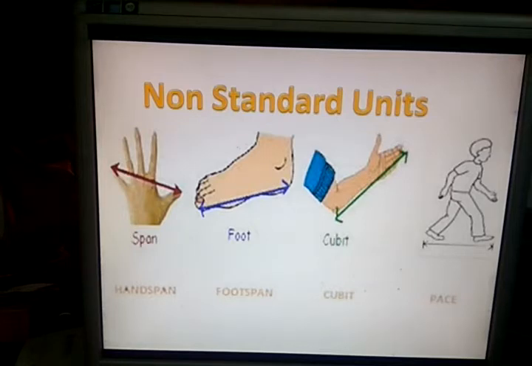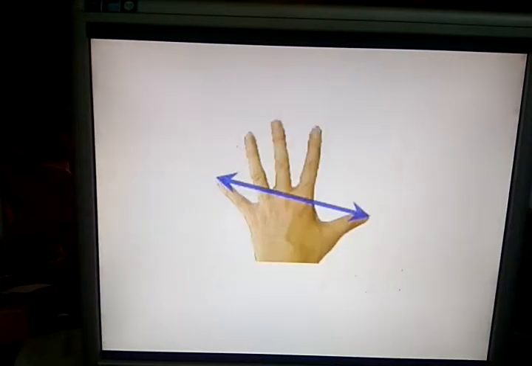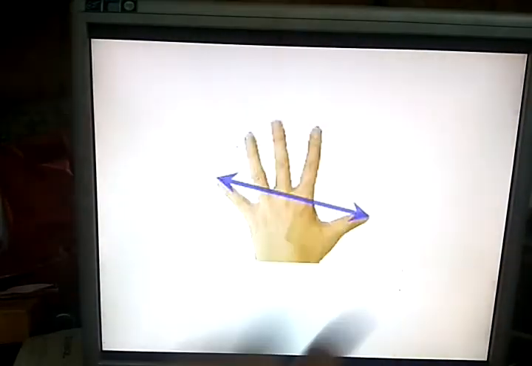Now, the question arises, what is hand span? Hand span is the distance from the tip of a thumb to the tip of the little finger of an outstretched hand.